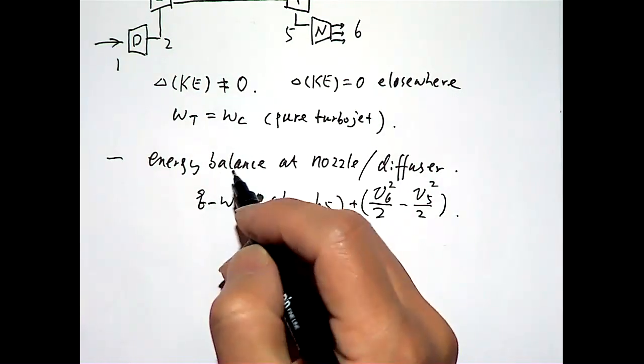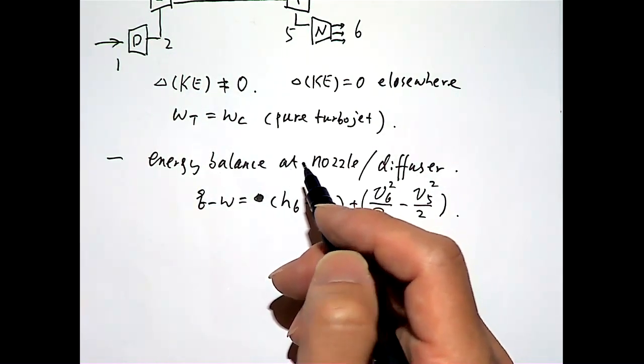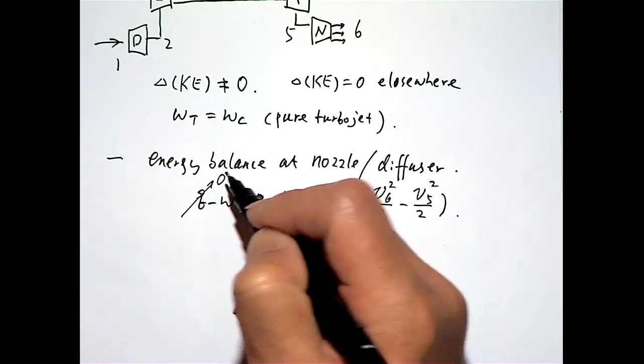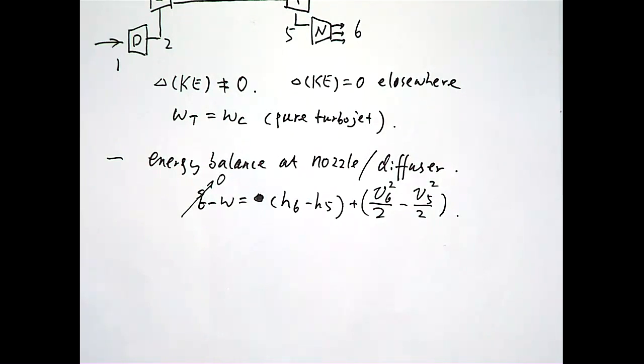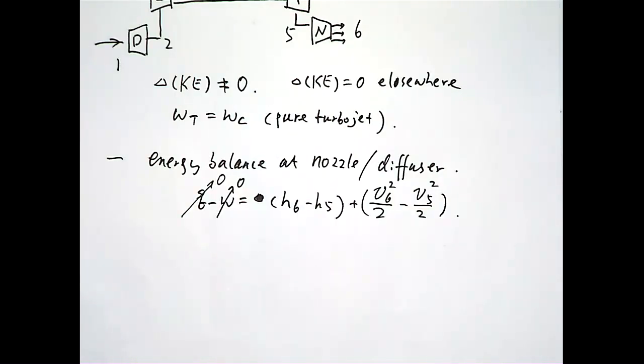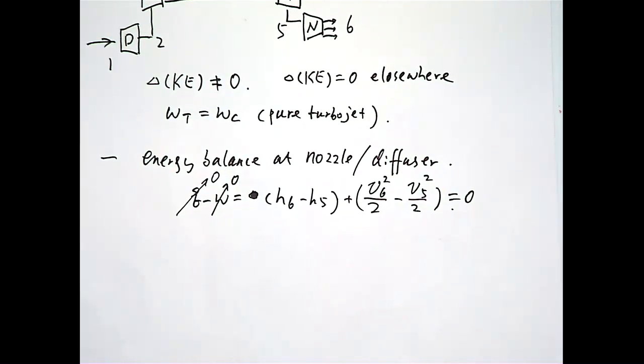So again, the nozzle and the diffuser are isentropic devices, because isentropic, by definition here, is adiabatic. So Q goes to 0, and the nozzle does not do any useful work. It's not a turbine, right? It has no useful output, so W also goes to 0. So you have these two terms equal to 0, right?